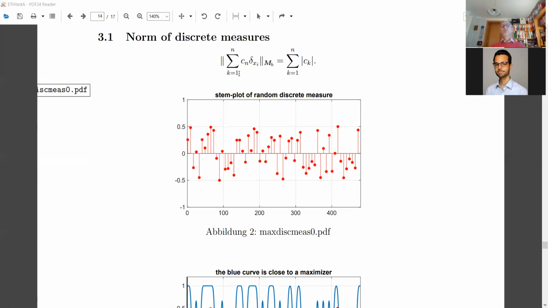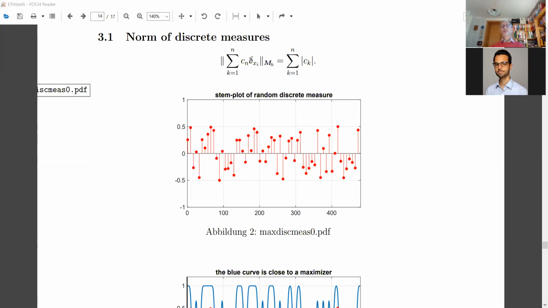Now here you have a linear combination of Dirac measures, and because the functional norm is a norm, you can apply the triangle inequality. The sum of the Dirac measures with coefficients has a size which is at most the sum of the sizes of the individual measures, and the norm of c_k times delta_{x_k} will be exactly |c_k|.